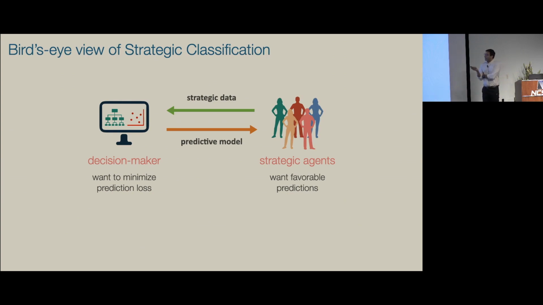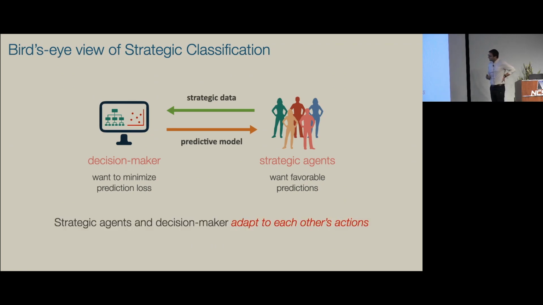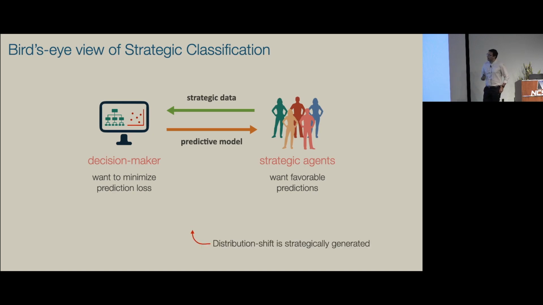To do that, they report strategically manipulated data. And so you have this kind of feedback loop between the predictive model and the strategic data on which it's deployed. So importantly, the strategic agents and decision maker in this problem both adapt to each other's actions, where the actions are the prediction or the data.